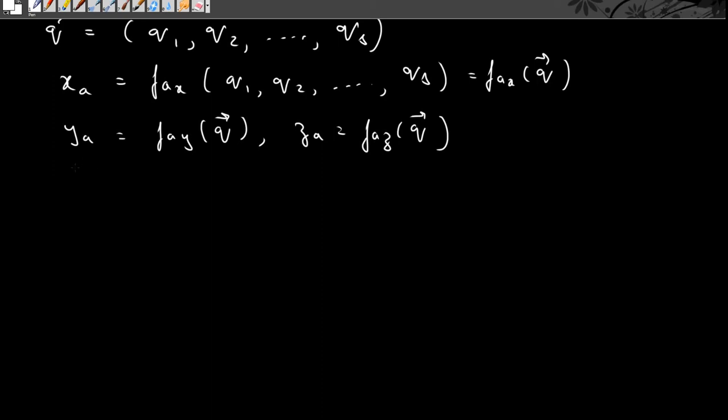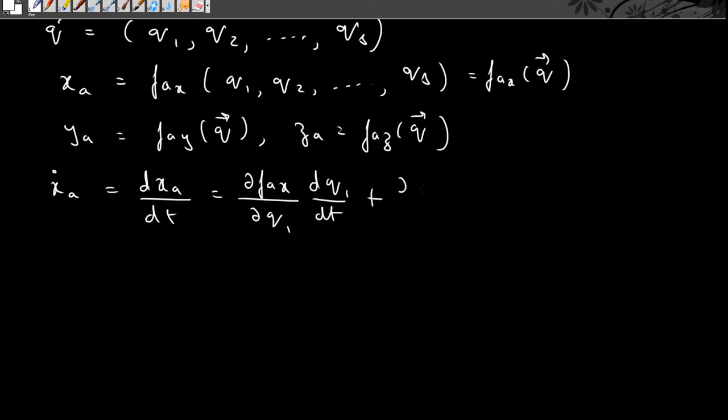Then what is going to be x_a dot? x_a dot is defined as dx_a by dt, which can be written as follows. This will be dou f_ax by dou q1 into dq1 by dt plus dou f_ax by dou q2 into dq2 by dt.